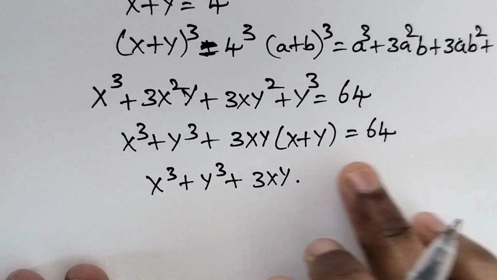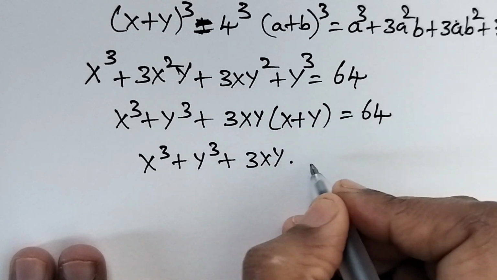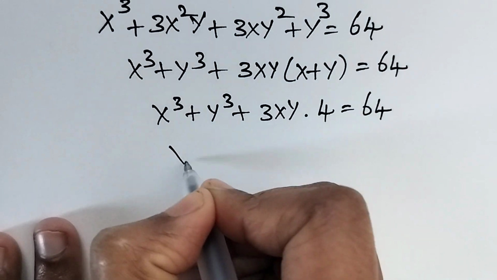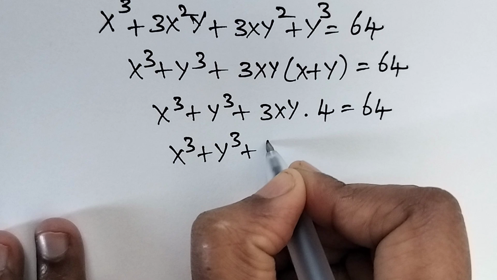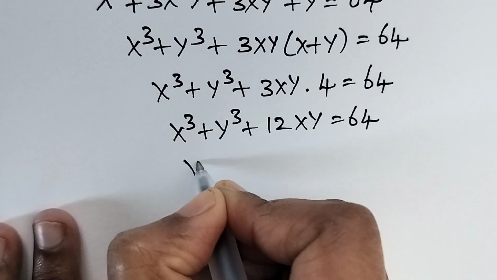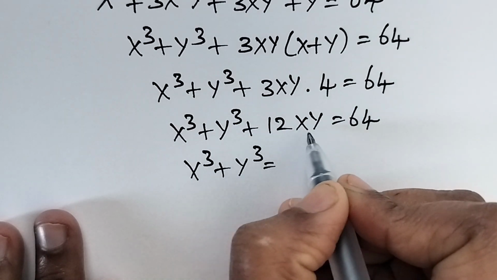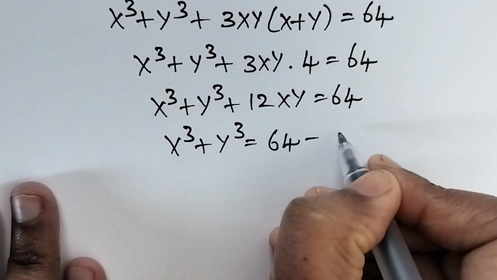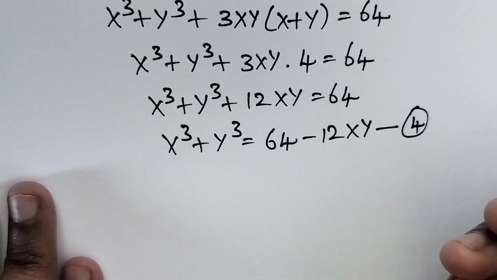So we know this x plus y is equal to 4. So in place of x plus y, we are writing 4 is equal to 64. So x cube plus y cube plus 3 times 4, which is equal to 12xy, is equal to 64. x cube plus y cube is equal to, so just move this term to the right side. Now it will be 64 minus 12xy. So now let us consider this is equation 4.